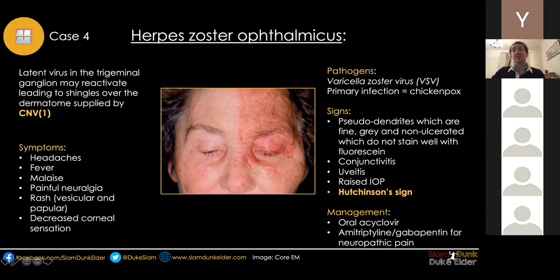And the fluorescein here typically doesn't stain well, whereas you had your classic dendritic ulcer in the past for the other herpes viruses. We'd treat here with oral acyclovir and then analgesia for your neuropathic pain. But again, it's decreased corneal sensation.